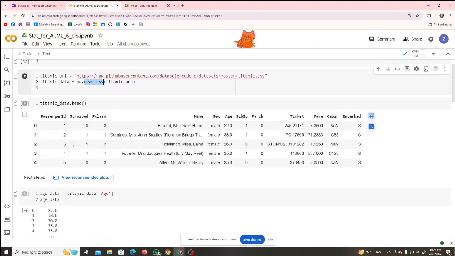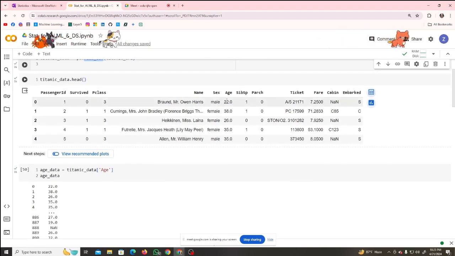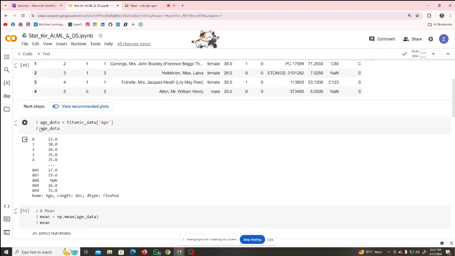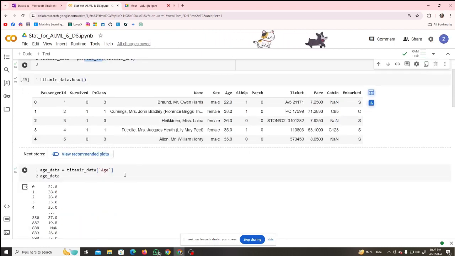Okay, so we are going to use numerical data to solve this type of calculation. So we chose age data, I mean the age of the people who were on the Titanic that day, sadly. So age data equals Titanic data, and in the square brackets you have age.